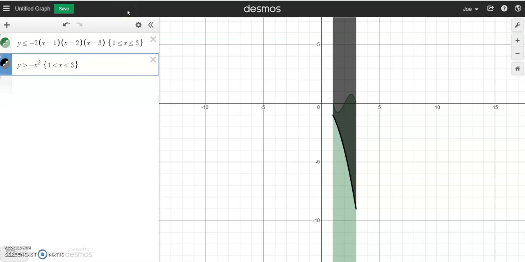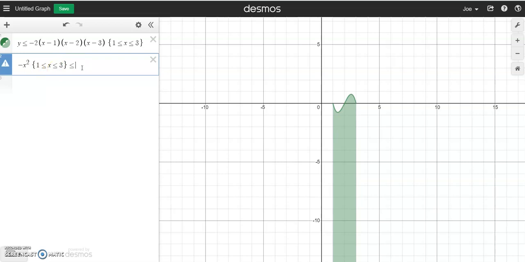Now, our final step is to combine our two functions so that only this space is highlighted. So if we look at our first relation, we can see that y is less than our cubic function, but here y is greater than our negative x squared function. This can be rewritten instead as negative x squared for when x is between 1 and 3 is less than or equal to y, which is the same function we had before.